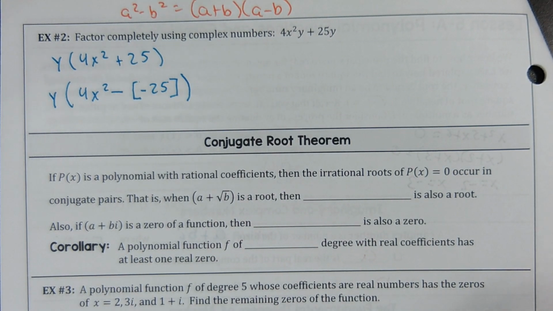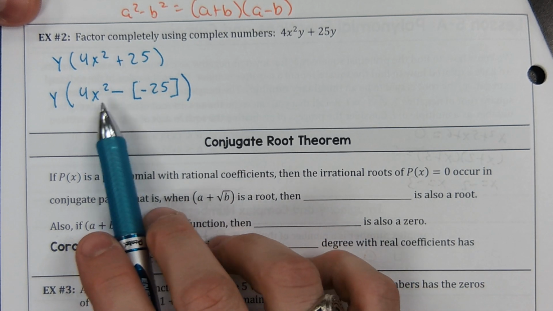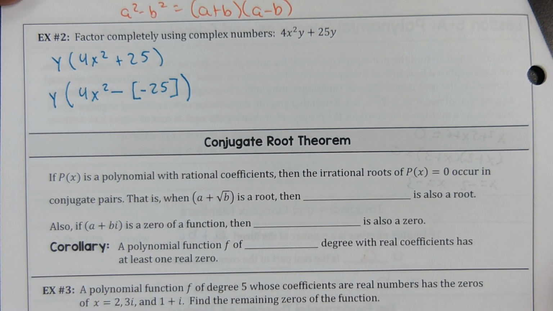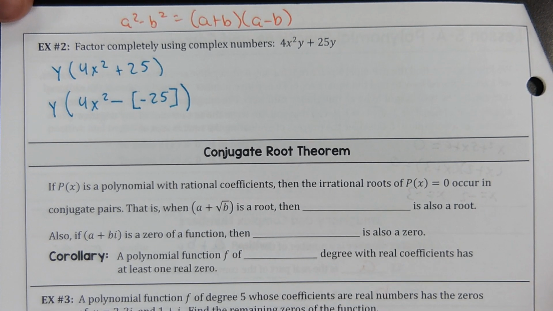And since we had the ability to take the square roots of negative numbers, this now says a perfect square minus a perfect square. Instead of saying parentheses inside of parentheses, I use brackets inside of parentheses. It means the same thing. It just looks nicer.